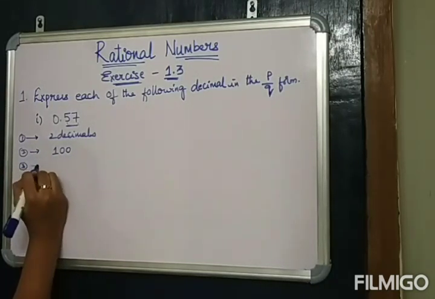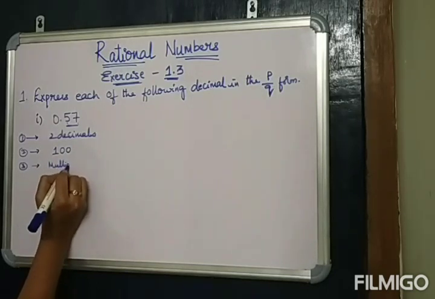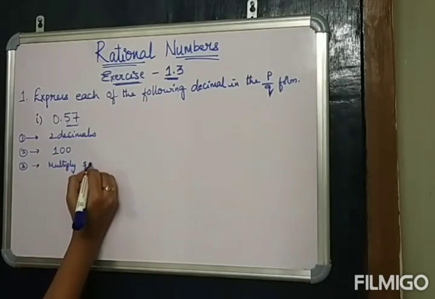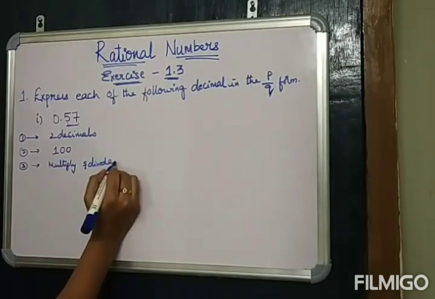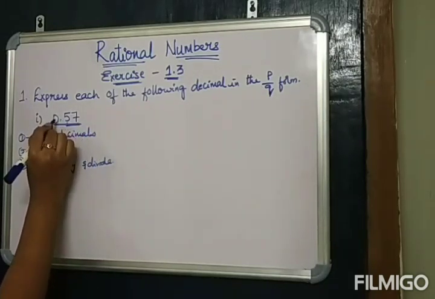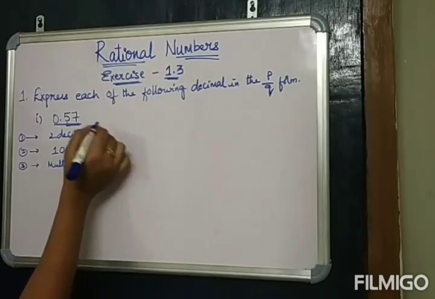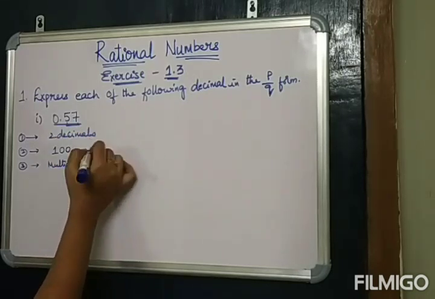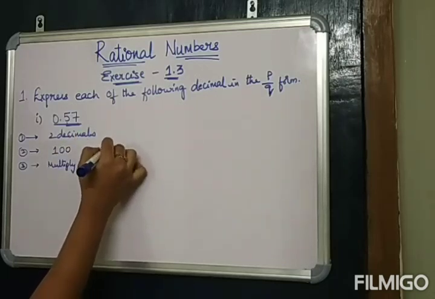The third step is we have to multiply and divide the given decimal with this number. The given decimal means the question, 0.57. We have to multiply and divide it with the number arrived at in step 2.